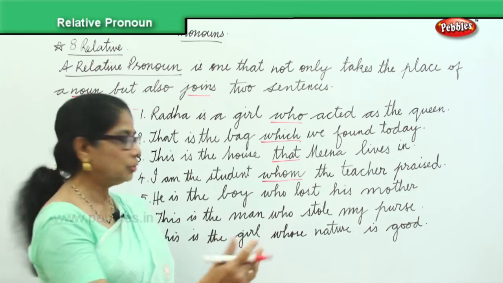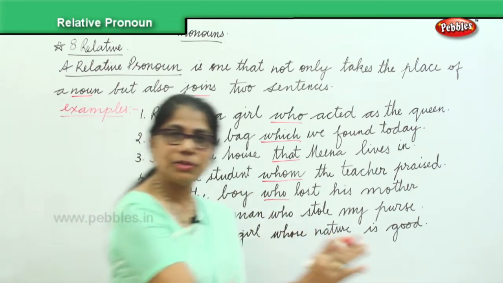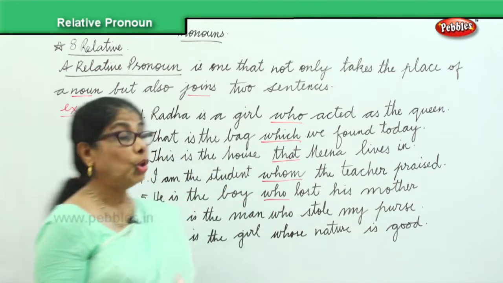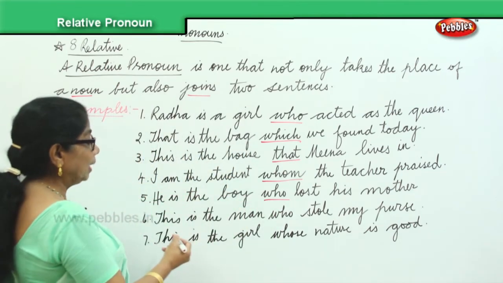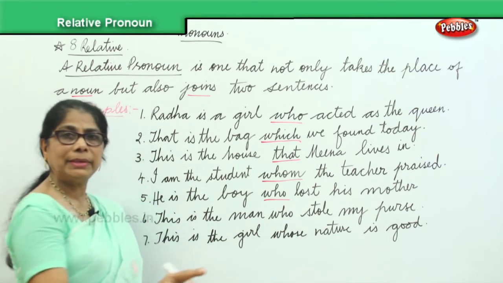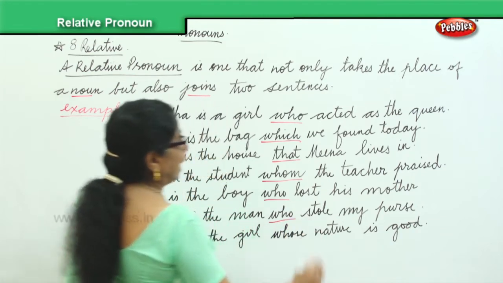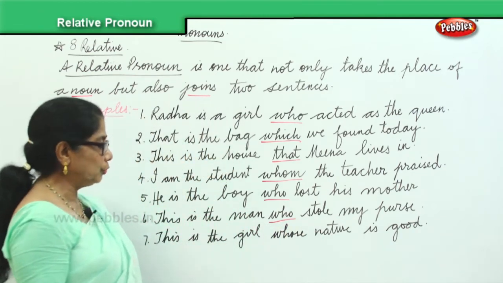He lost his mother. So instead of he, we use who. He is the boy who lost his mother. This is the man who stole the purse. Two sentences, and we put who, the relative pronoun, to join them.